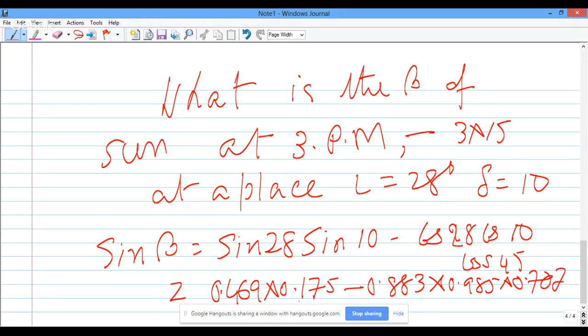If I find this out, sine beta will be equal to minus 0.32.